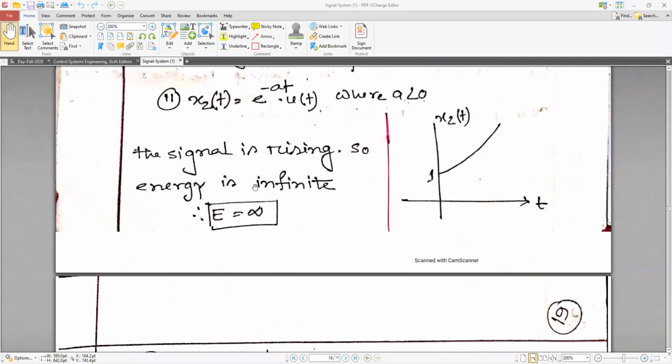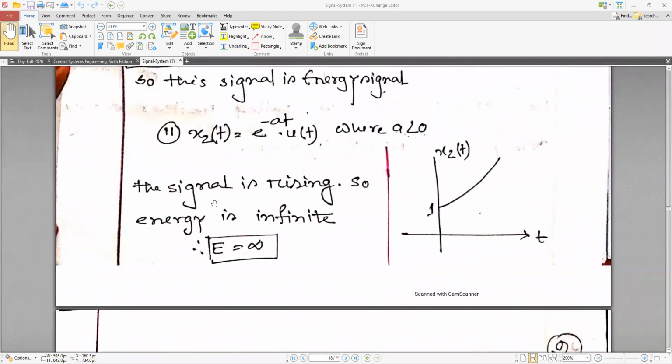Now the second one, where a is less than 0, the signal is rising. The signal is rising, so energy is infinite, because the signal is rising.